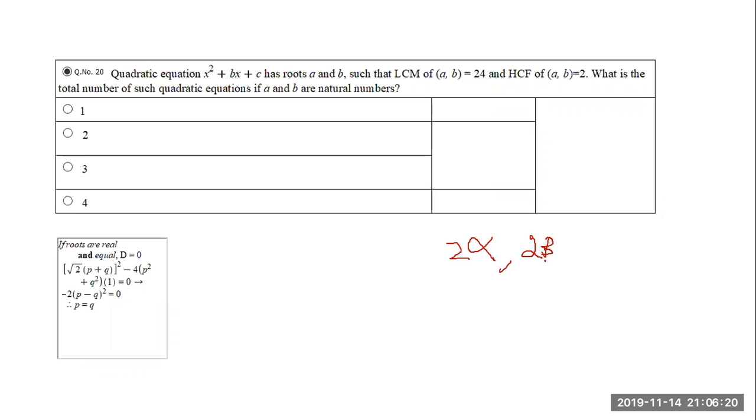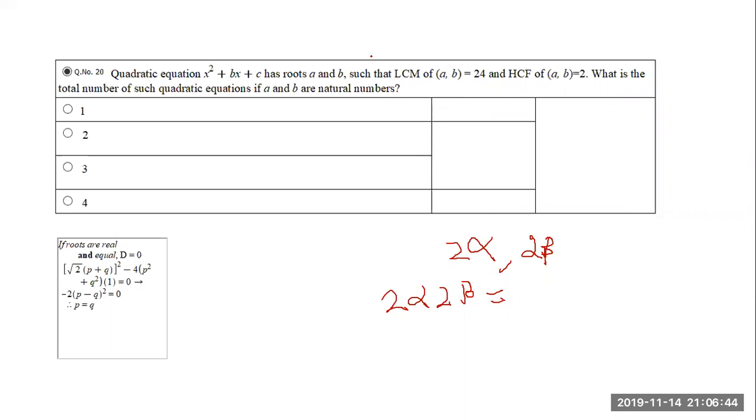Right? Okay. Now, this number is 24. What are the numbers possible for 2 alpha and 2 beta?